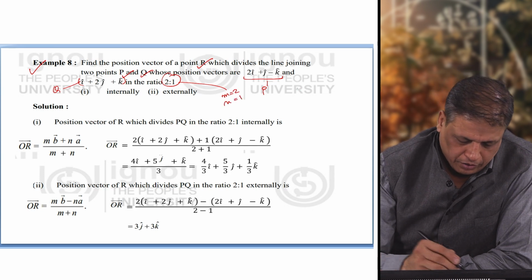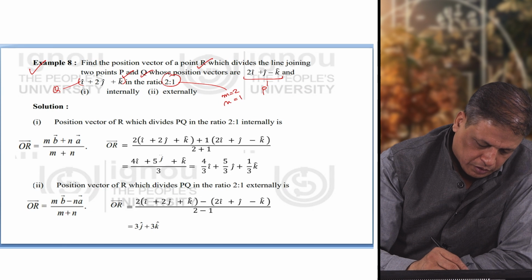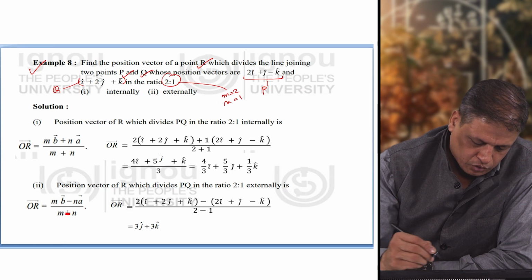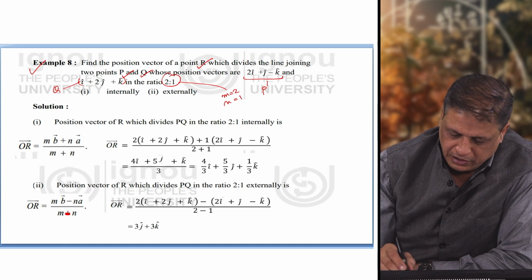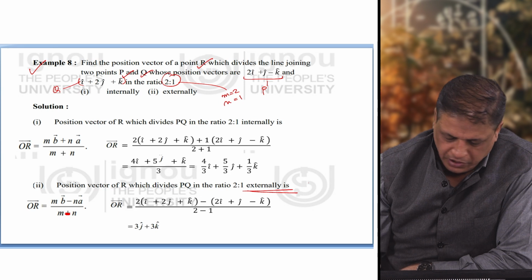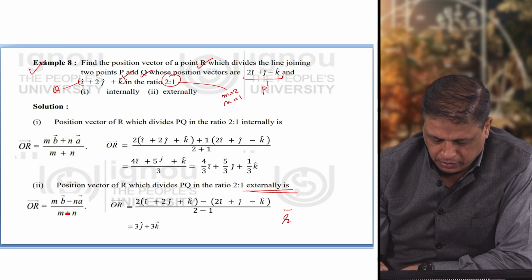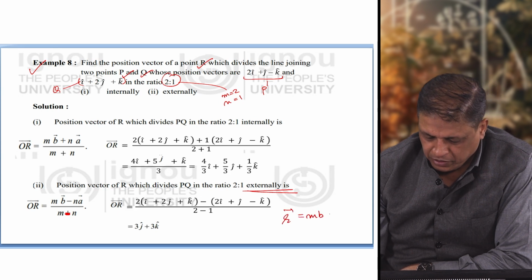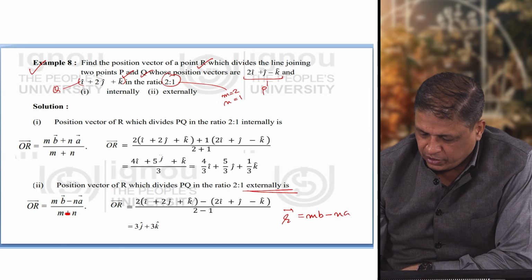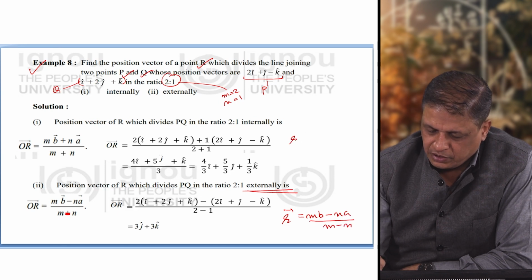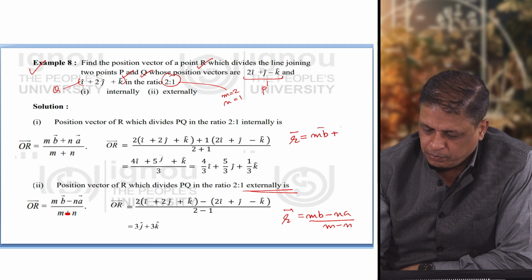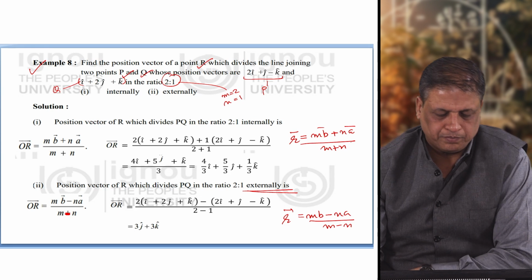And one correction: the sign is minus over here, because in the case of external division the formula will be R vector is equal to m times B minus n times A upon m minus n, and in case of internal division R vector will be m times B vector plus n times A vector upon m plus n.